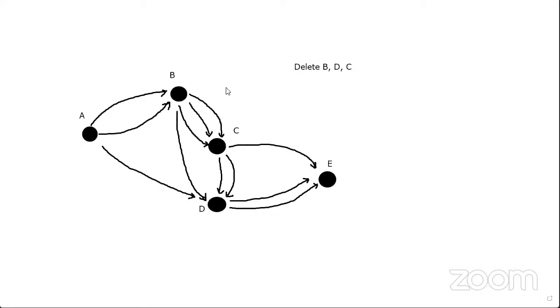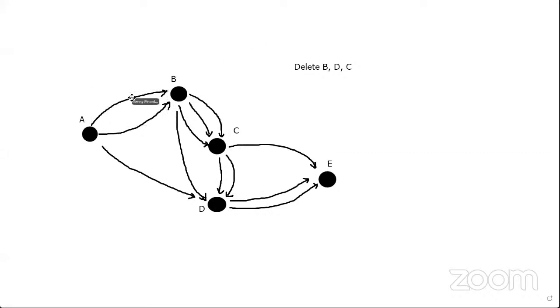Now again, be careful when you delete B, because you have to mention also how many ways from A to C via B and A to D via B. So that is this arrow here.